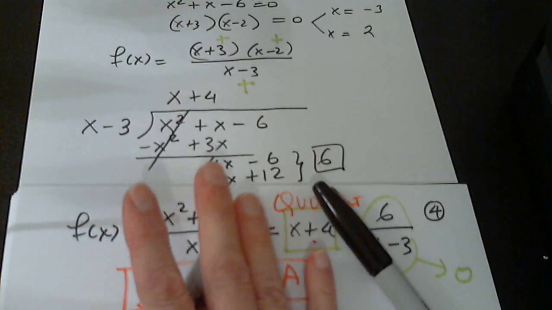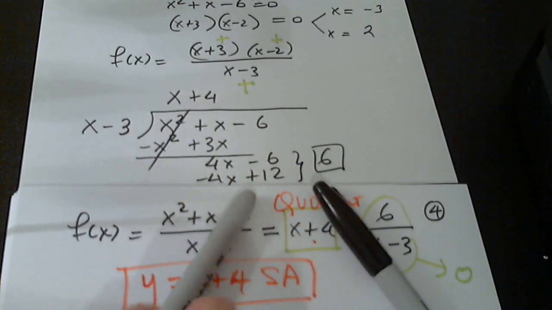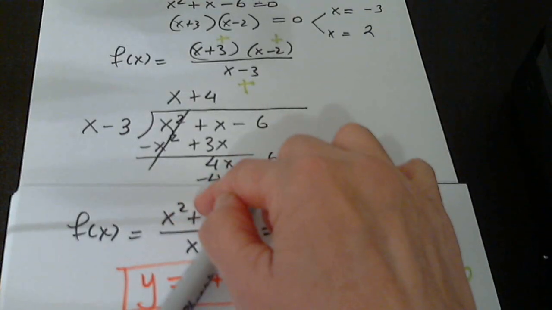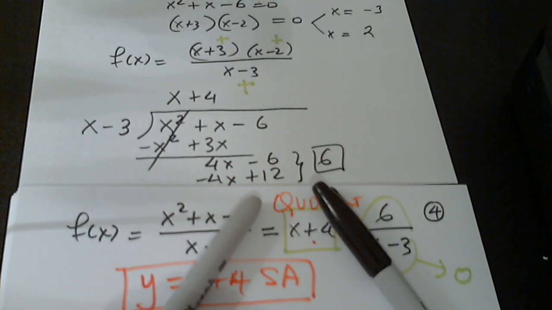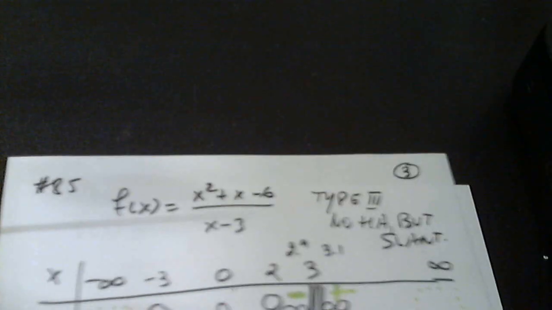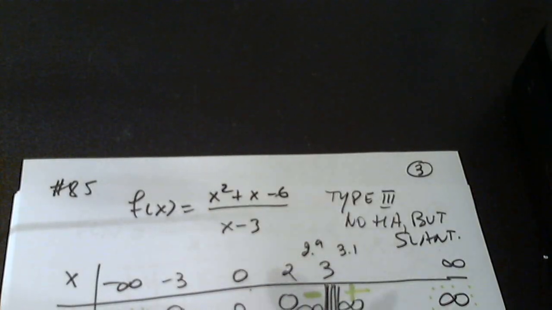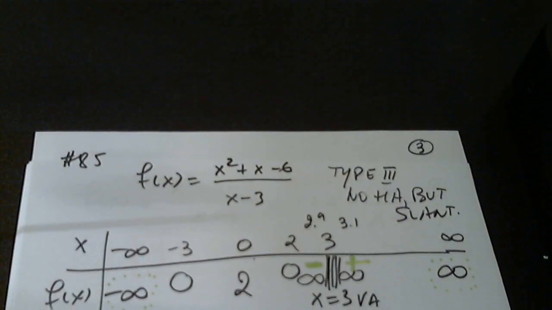Good. What does this mean when it comes to end behavior? From negative infinity to infinity. That's the end behavior of the function because it has to follow the slant asymptote.